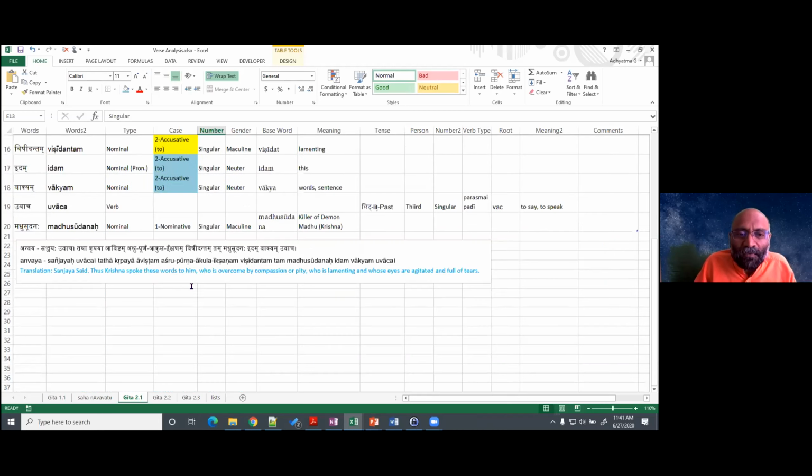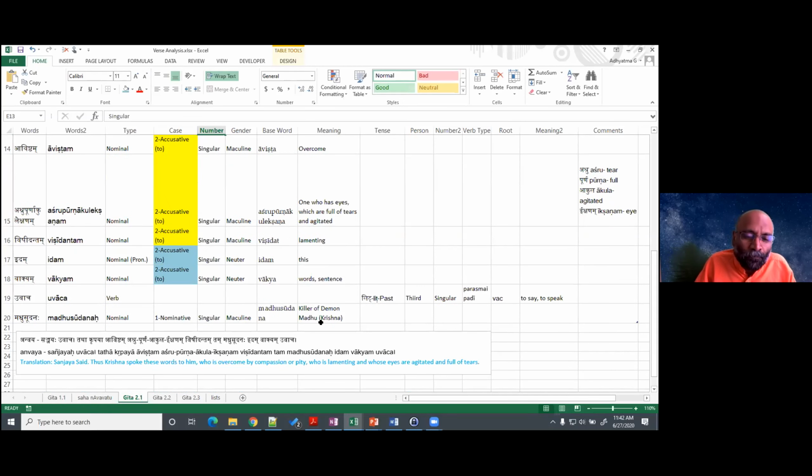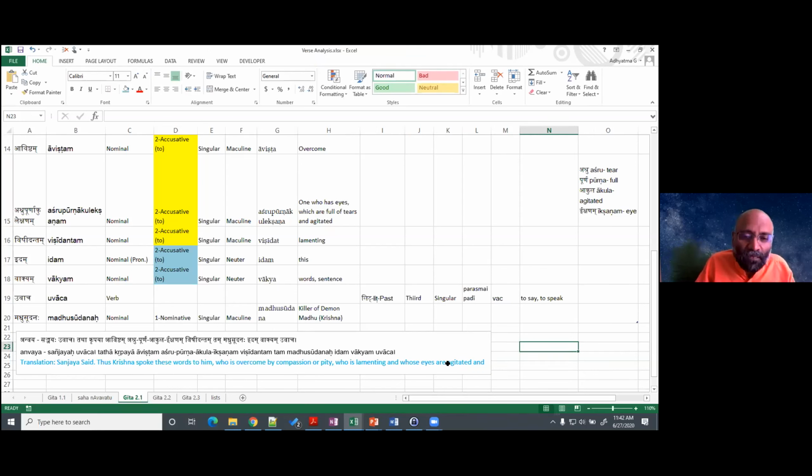And many times you will see the translation, even if you are not in a position to translate everything by yourself because the grammar level is not so advanced, you can at least figure out if somebody has given the meaning or the word meaning, whether it is representing it correctly or not. And if they have taken an alternative translation, then how is it possible to have the alternative translation? Because in Sanskrit, there could be many meanings for a given word and many words for a given meaning.